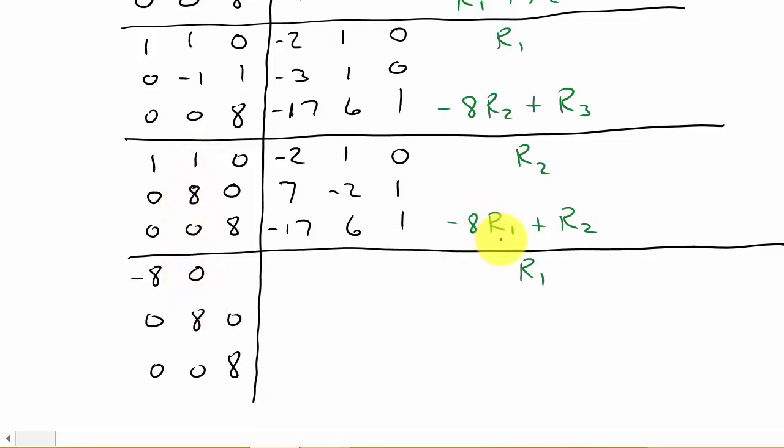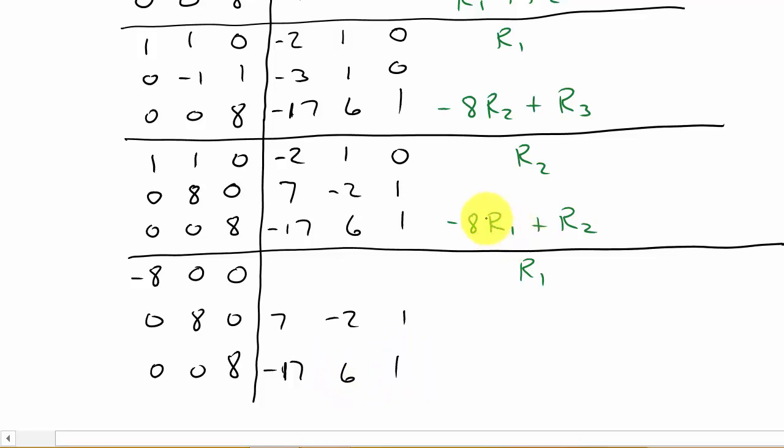And then I have negative 8 times 0 is 0, and 0 plus 0 is 0. So I got all my zeros. Well, first let's go ahead and do the operations here. So I'm replacing row 1, so I've got 7, negative 2, 1, negative 17, 6, 1.